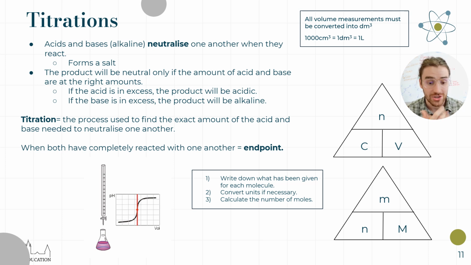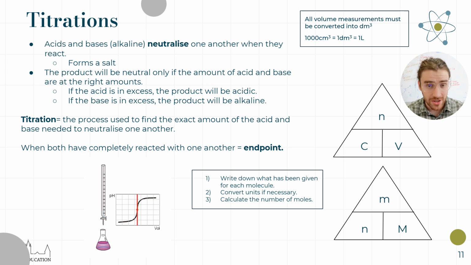It's a neutralizing reaction, and it's going to form salts. So if you use something like hydrogen chloride and the base is sodium hydroxide, it's going to form sodium chloride, and you're going to have water being created as well.